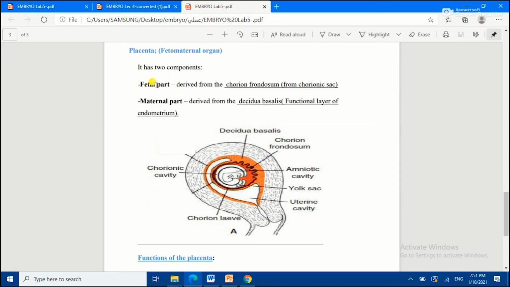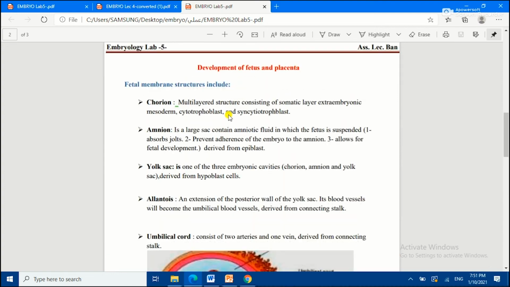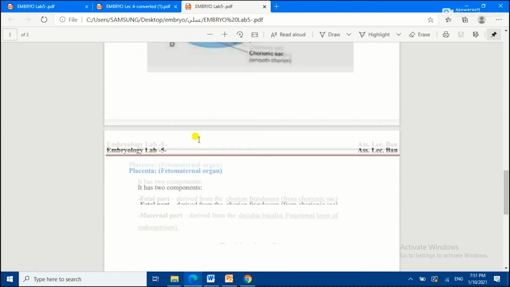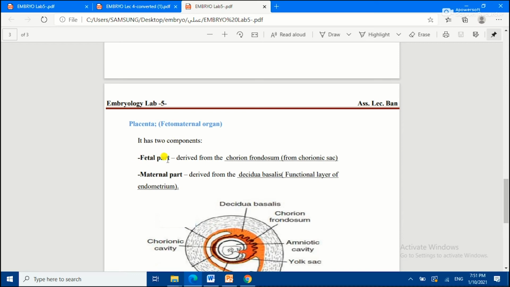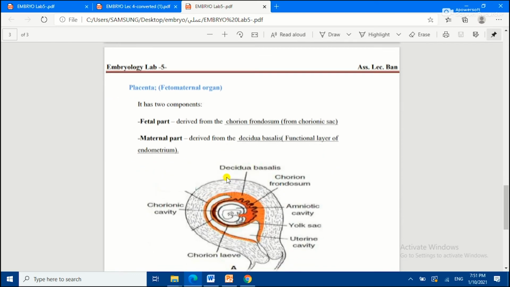The fetal part actually consists of many layers, but I am mentioning just the chorion frondosum, from the chorionic sac. We mentioned that the chorion consists of multiple layers, isn't it? So the fetal part is derived from the chorion frondosum.